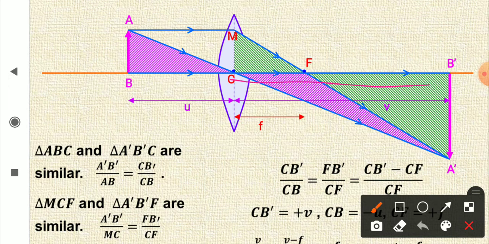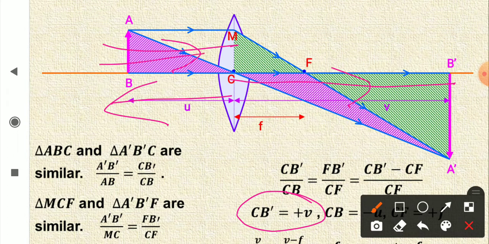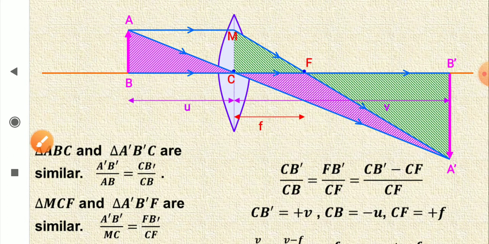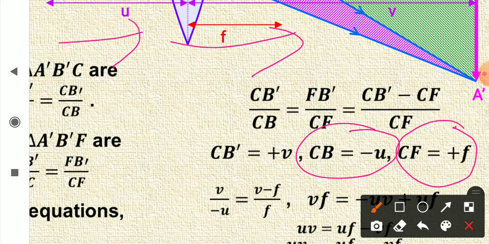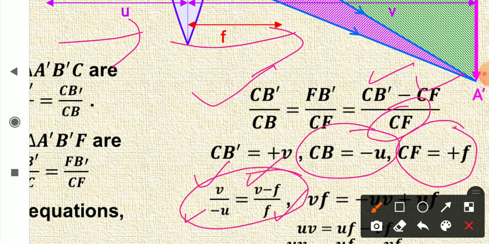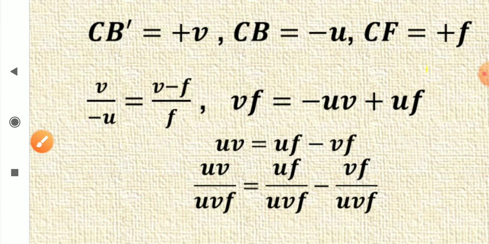CB' is along the direction of incident ray, so CB' is plus V. CB is opposite to direction of incident ray, so CB is equal to minus U, and CF is along the direction of incident ray, so CF is equal to plus F. Putting all these values in this equation, we get V upon minus U is equal to V minus F upon F. So we get this relation. Now cross multiply.